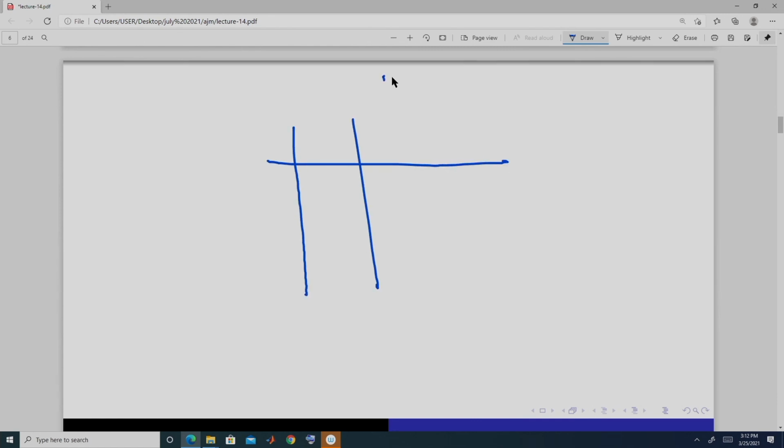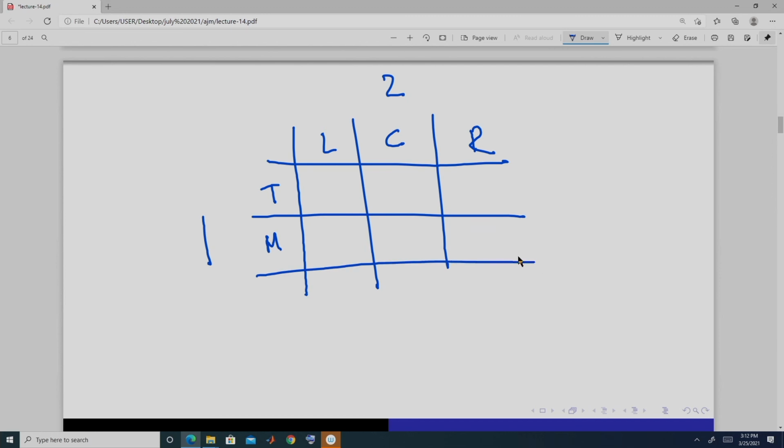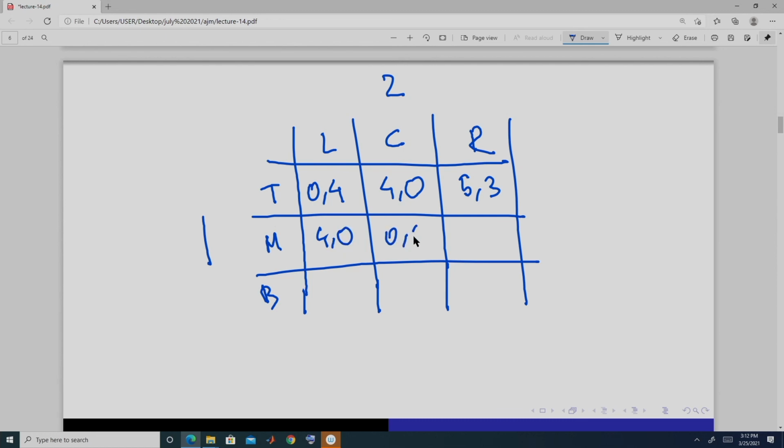Suppose there are two players, player 2 which plays the column, player 1 which is the row player, okay, and suppose the payoffs are for each combination of outcome.